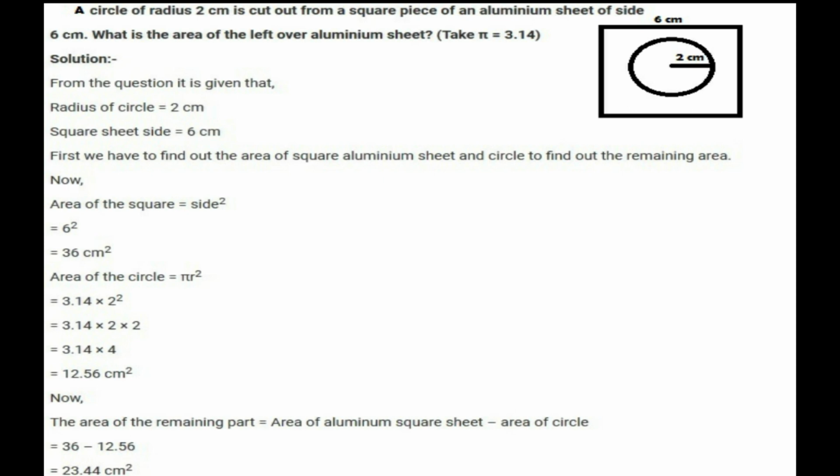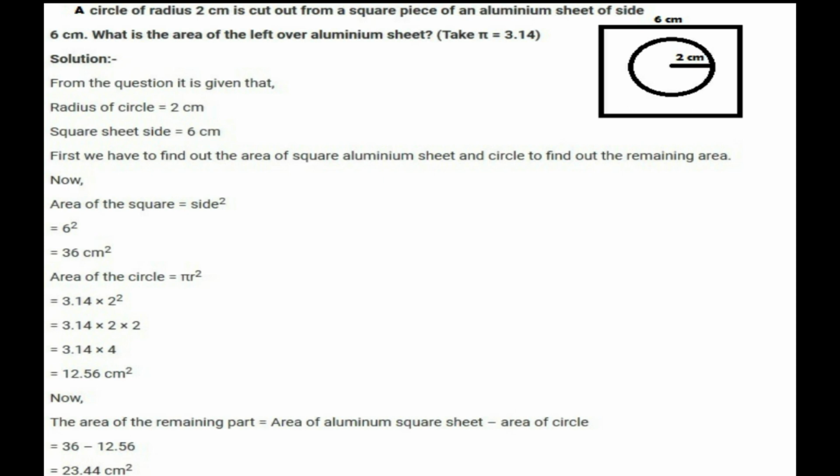Now what we have to find out? We have to find out the area of the circle. We know the area of the circle is pi r square and the value of pi is 22/7, or you can write it in the decimal form as 3.14. So 3.14 into r square, that is 2 square, is 12.56 centimeter square.